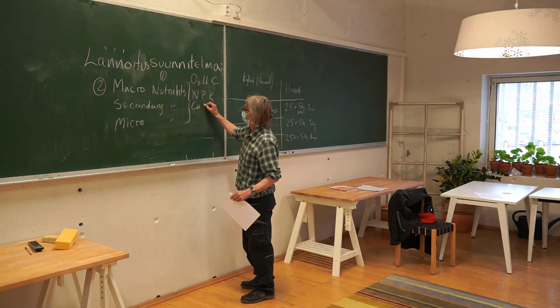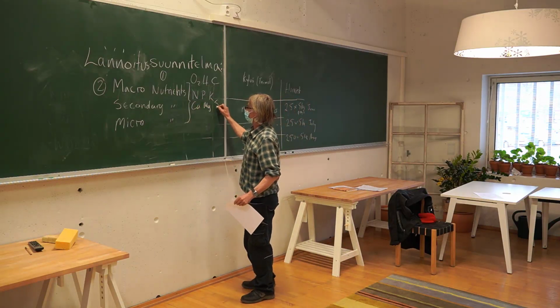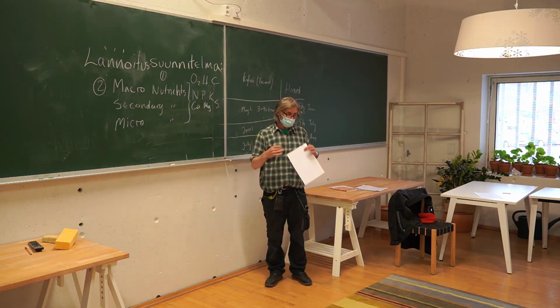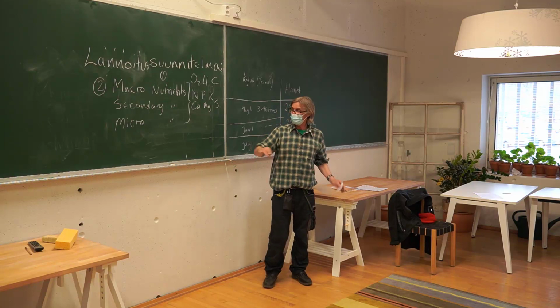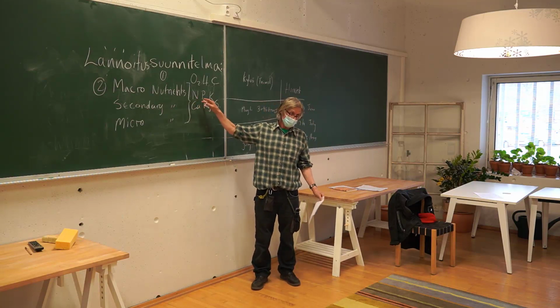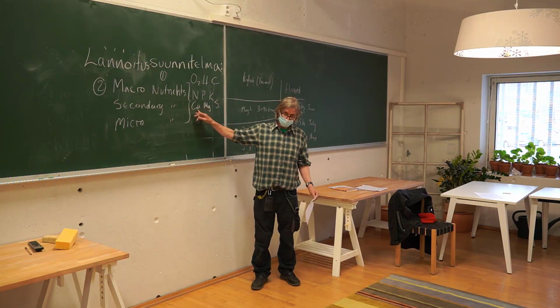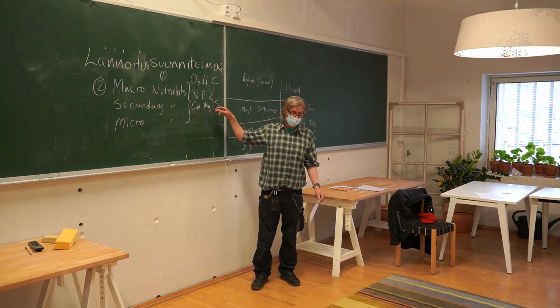Calcium, magnesium, and sulfur. This is actually, in kind of volume, how much plants need. They need a hell of a lot of nitrogen, a hell of a lot of phosphorus, a hell of a lot of kalium. They need quite a lot of calcium, quite a lot of magnesium, and quite a lot of sulfur.